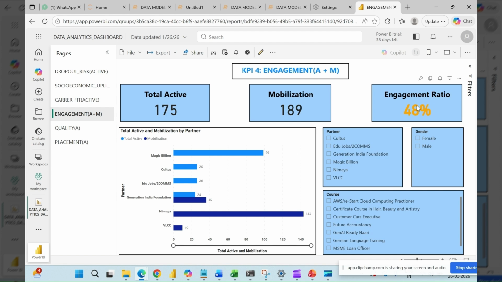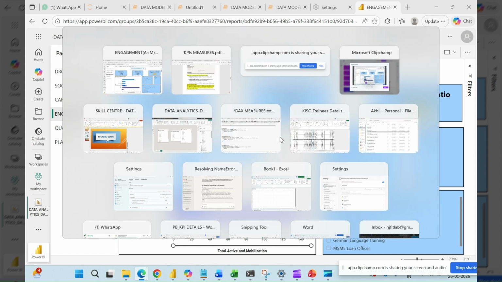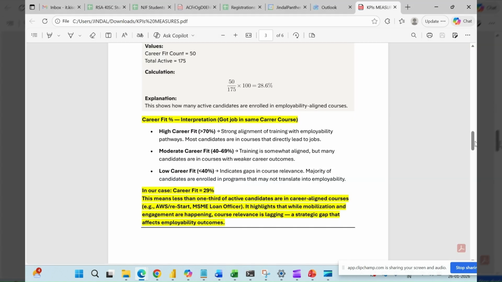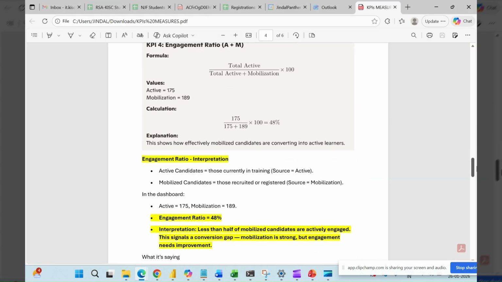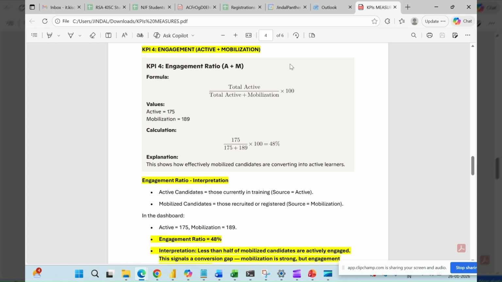So this KPI is based on the formula that I will show you right now, this one. This KPI will tell how actively mobilization is working, and how much of the count from mobilization is converting into active candidates.